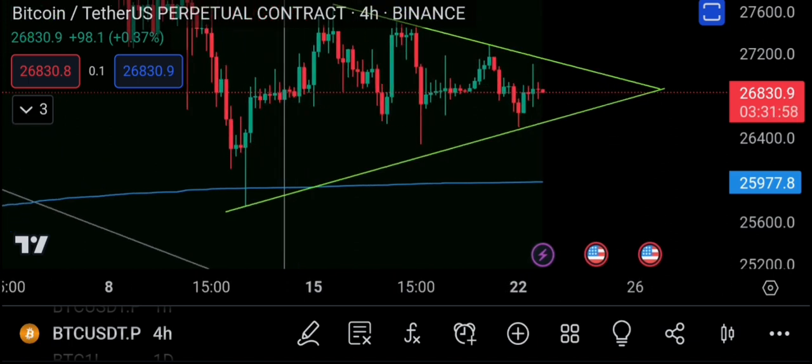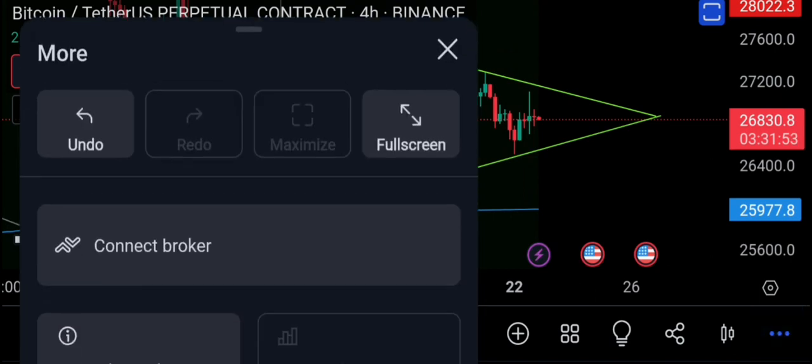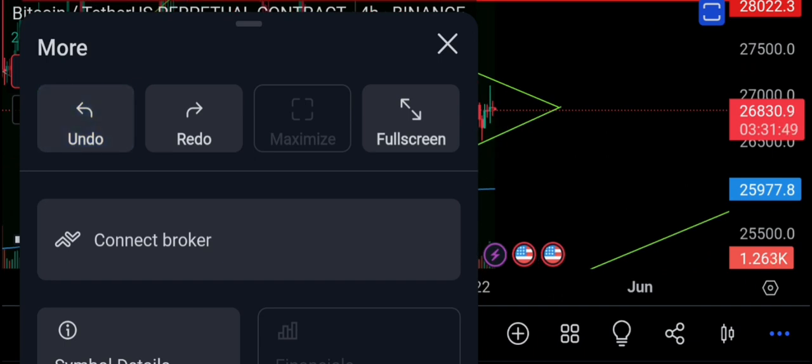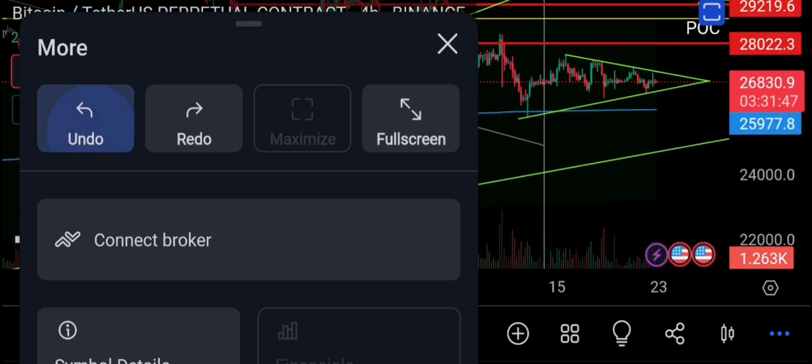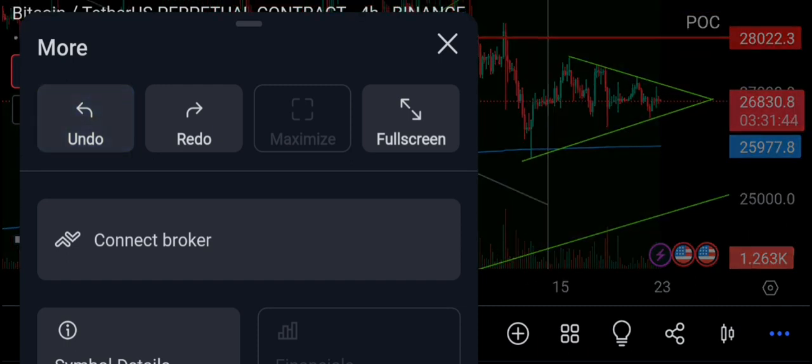Other than that, levels to watch for, we are below the value area low. I can show you that in a minute. Just the value area low at around 27,193. We are below it.